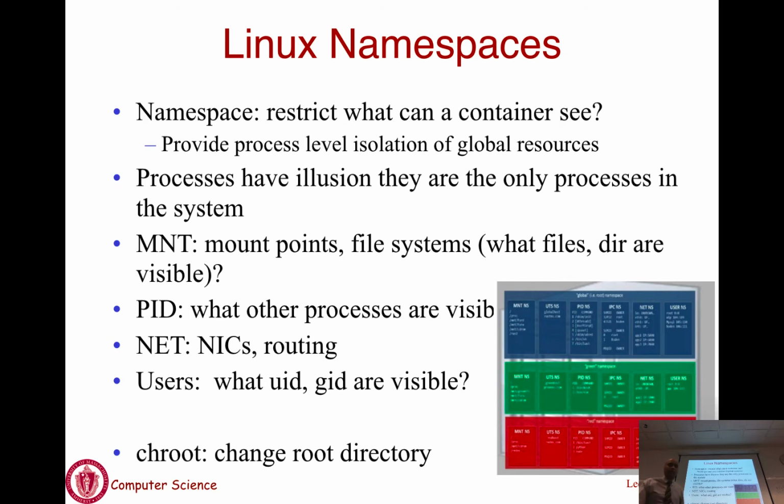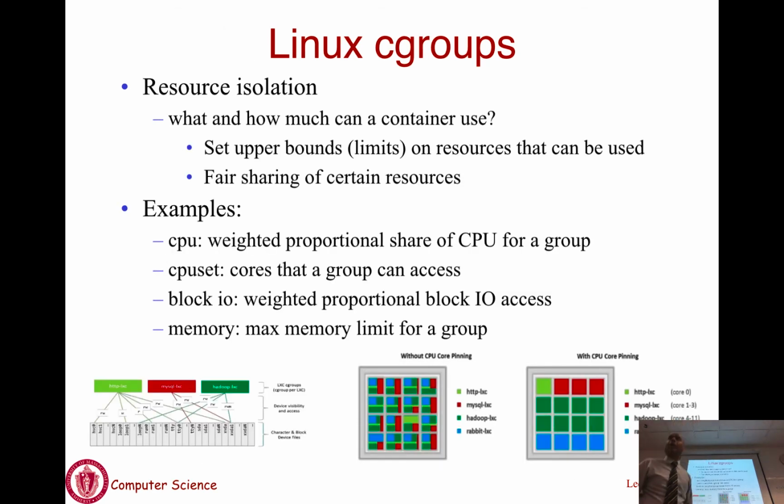Okay, and then C groups allows you to say what amount of CPU and memory resources are allocated to each of the processes. Okay, so resource isolation is how much can the container use. Okay, this is different from what you can see. So this is what share of the CPU do you get.